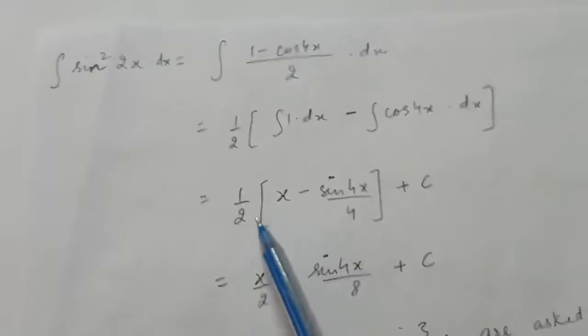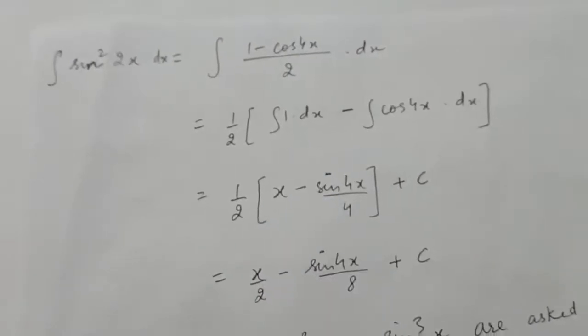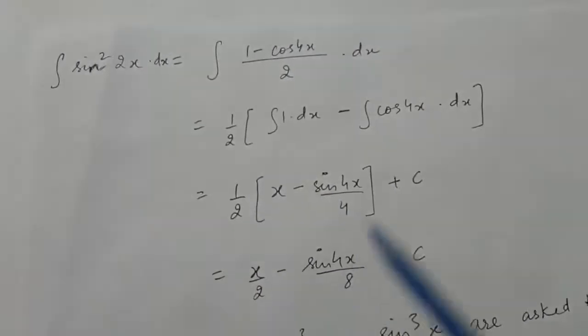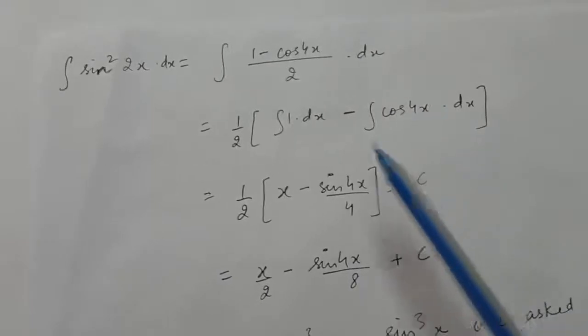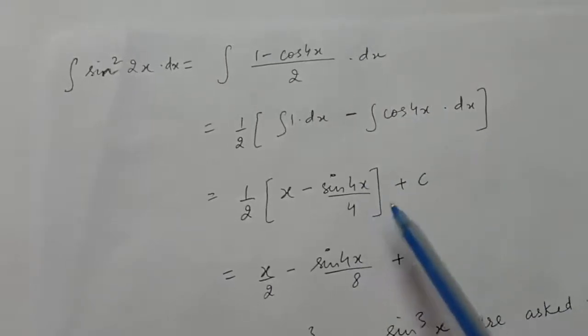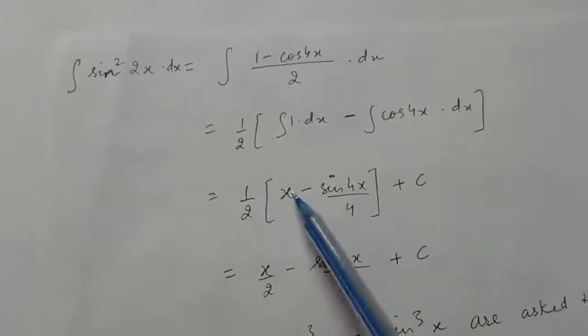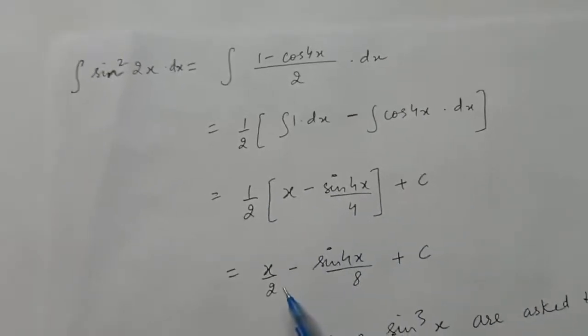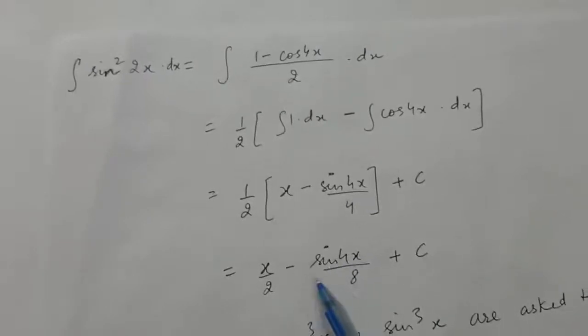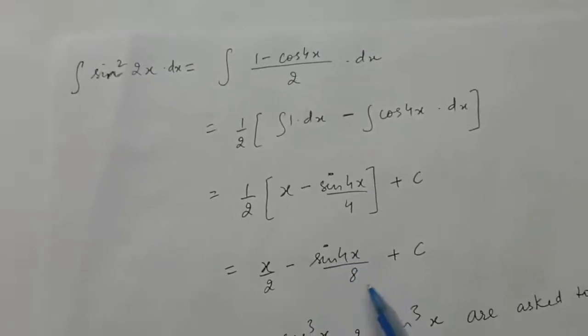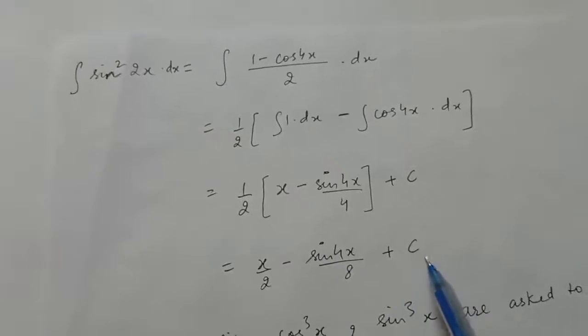Now 1 by 2 as it is, integral of 1 is x minus integral of cos 4x is sin 4x upon 4 plus c, the constant of integration. Now multiply 1 by 2 with both of these terms. So you will get x by 2 minus sin 4x by 8 plus c, right?